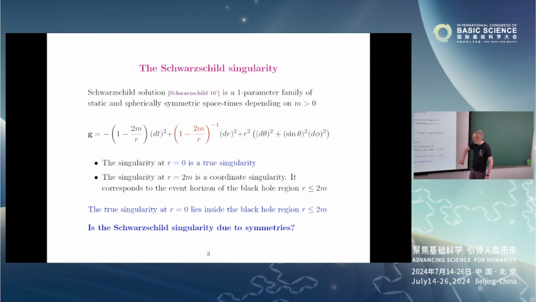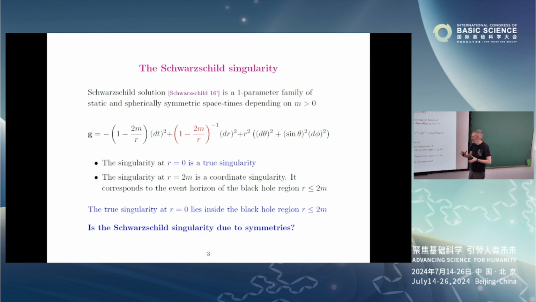So to summarize, there is a true singularity, and it lies inside the black hole region in the case of the Schwarzschild spacetime. And maybe let me add one last comment. Again, these coordinates are not very suitable, at least once you enter the black hole. In particular, the singularity r equal to 0, you might think of it as being an eternal singularity, but it's not at all the case.